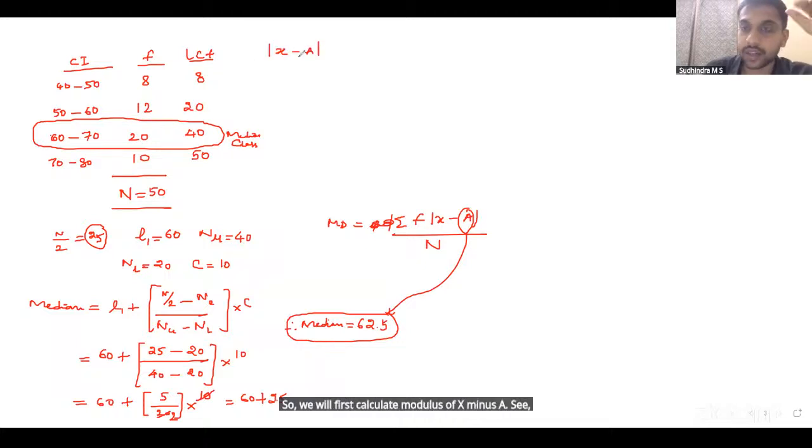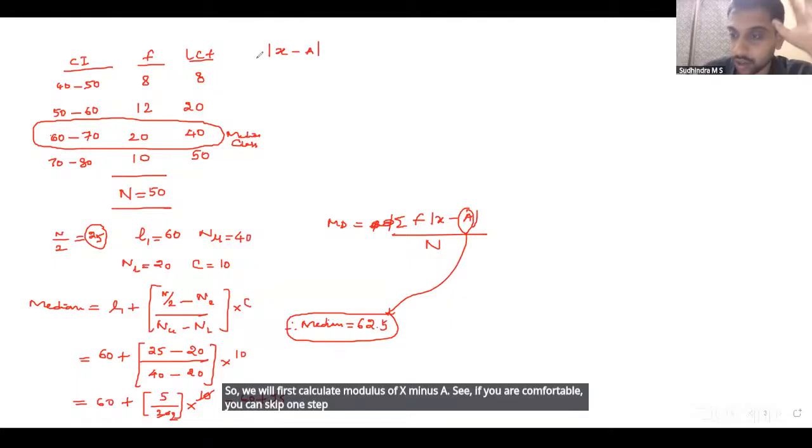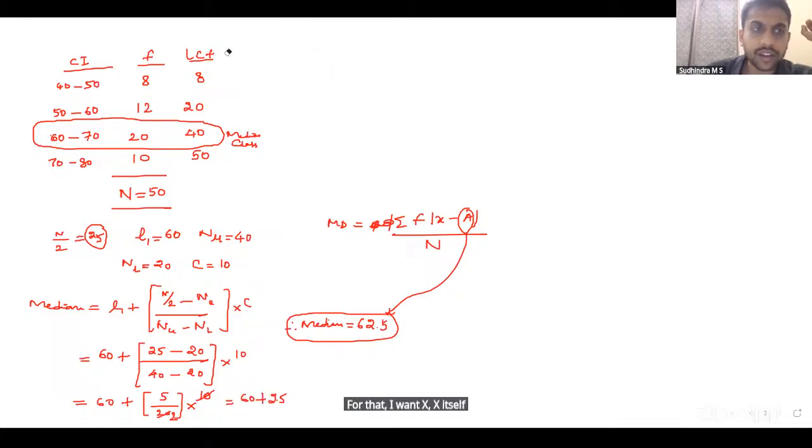If you are comfortable, you can skip one step and directly write f into modulus of x minus a. But here I'll first go with modulus of x minus a. For that, I want x, which is not there. So first I'll calculate x. 40 plus 50 by 2 is 45, 55, 65, and 75.